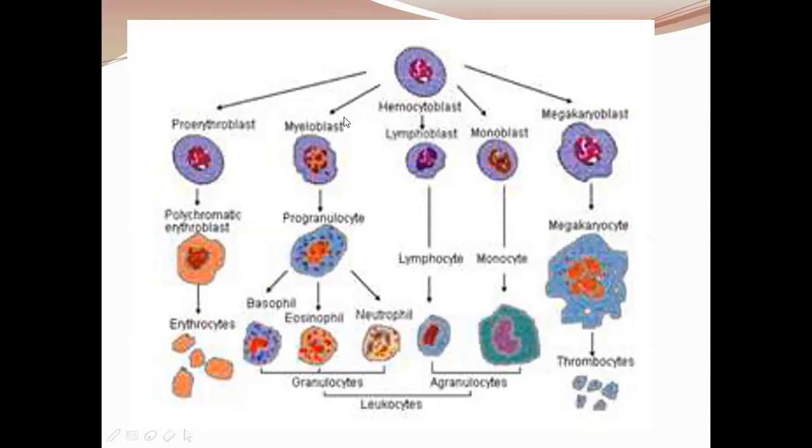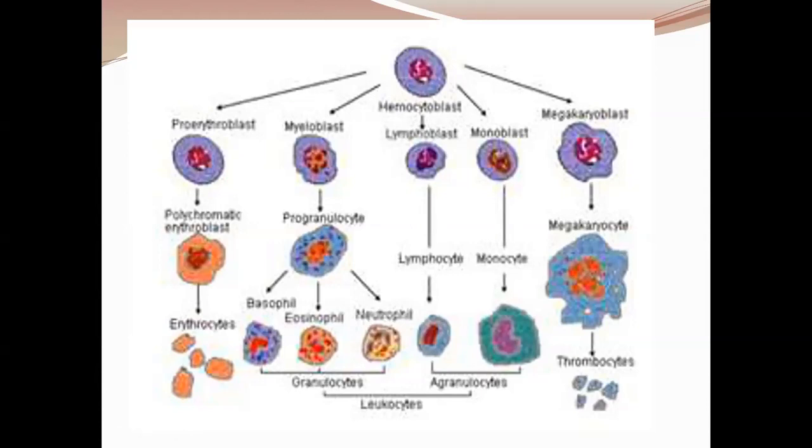Myeloblast results in the formation of progranulocyte, and this progranulocyte leads to the formation of basophil, eosinophil, and neutrophil. So the basophil, eosinophil, and neutrophil are derived from myeloblast, and they are the granulocytes.